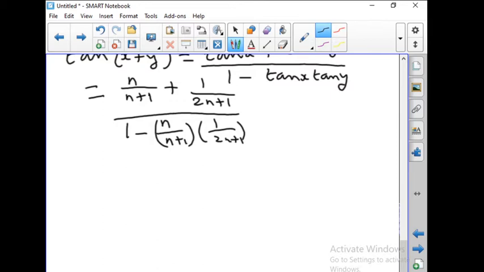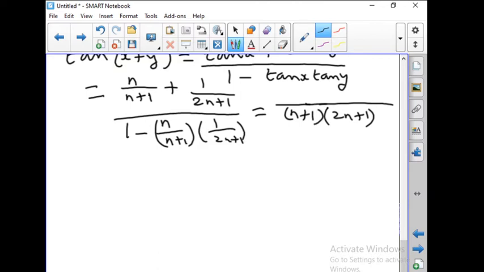So take the LCM now. What is the LCM of the numerator? LCM is (n + 1) into (2n + 1).